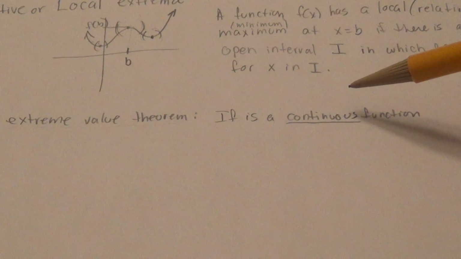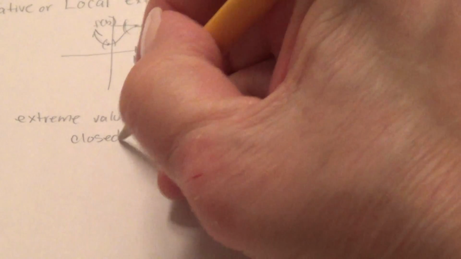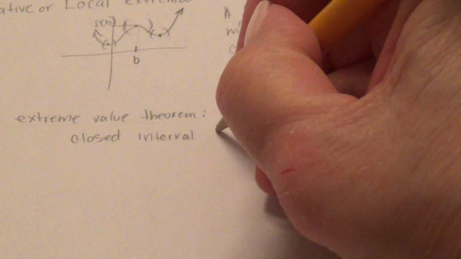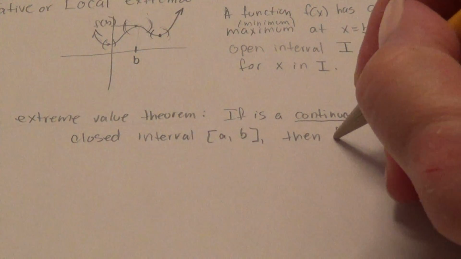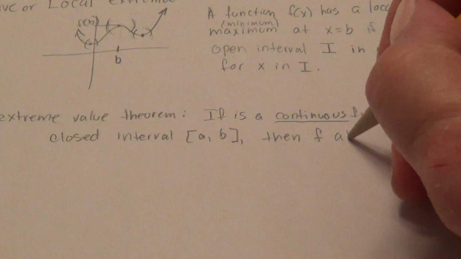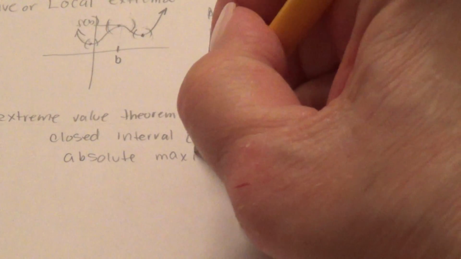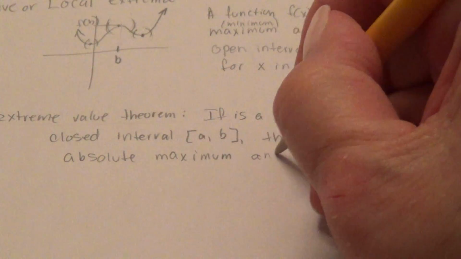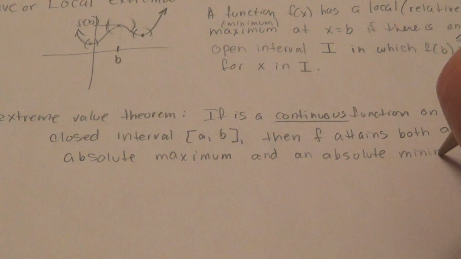So if f is a continuous function on the closed interval a to b, that's including the endpoints, then f, that's the name of the function, attains both an absolute max and an absolute min on [a, b].